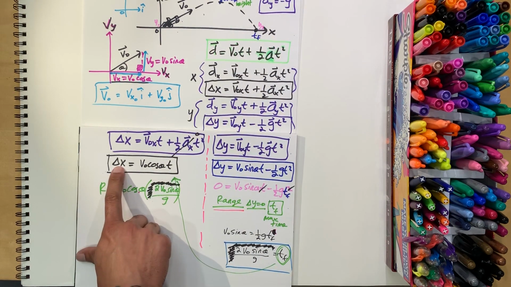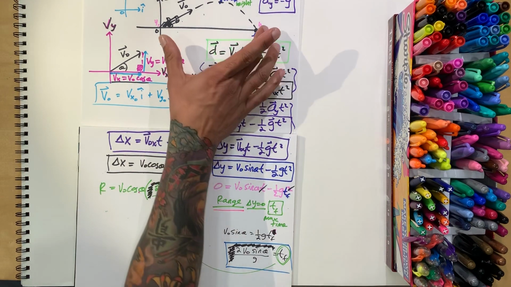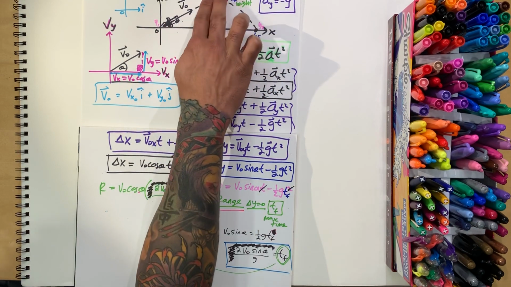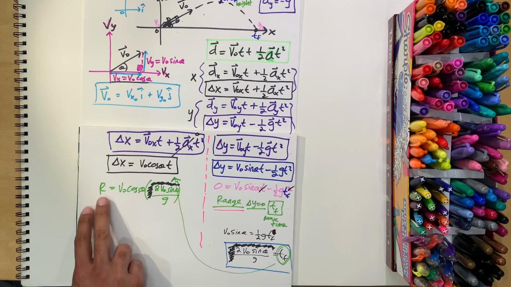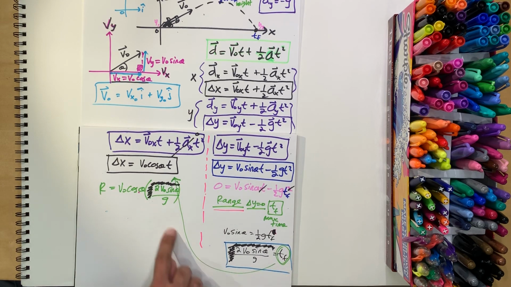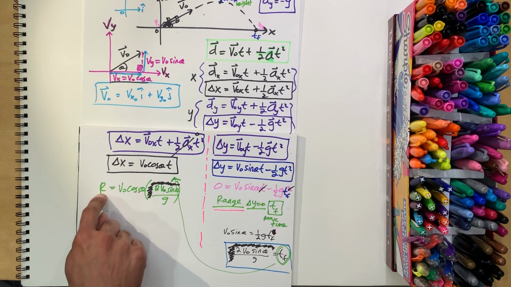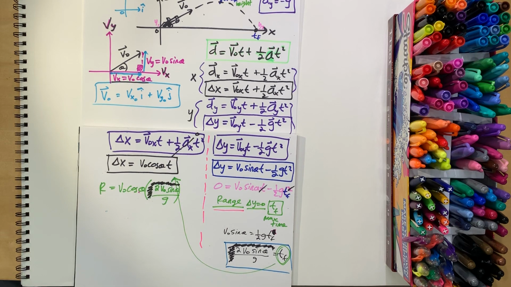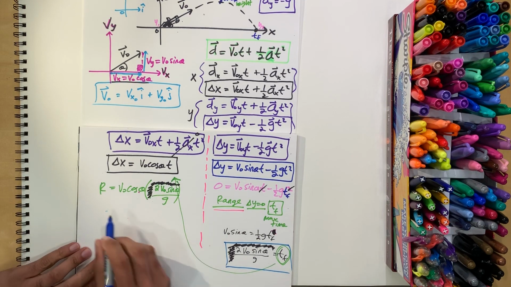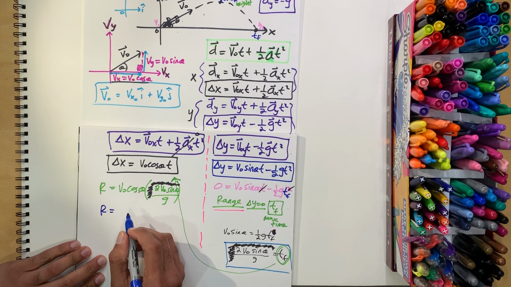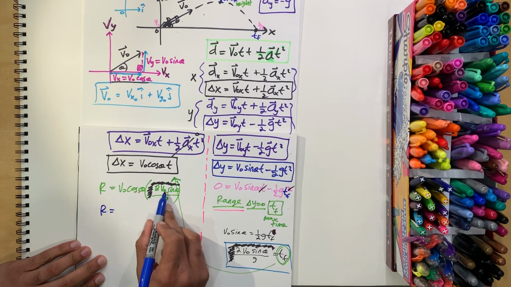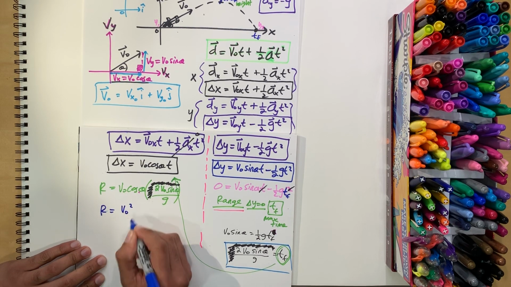So this could describe the range if we're talking specifically about ground level and come back to ground level. But range is that definition. So since we use the time final, we're gonna change the notation to range, which is what we're looking for anyway. So let's see, I'm just gonna rewrite it. R is equal to this v naught and this v naught are gonna be v naught squared.